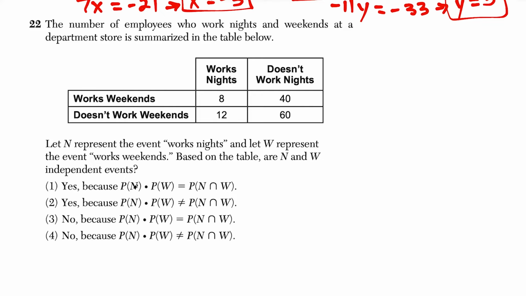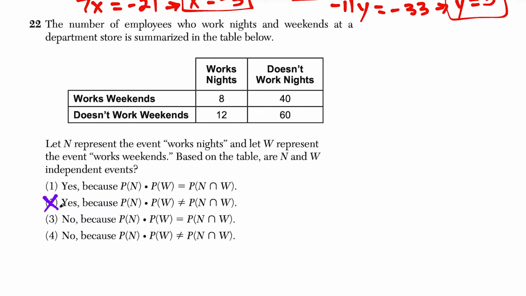Now, before we get into the heavy math over here, first we could eliminate two answer choices just based on what it means to show two events are independent. So two events are independent if the probability of, let's say, n times the probability of w is equal to the probability of n and w occurring. So choice 1 is a contender, but choice 2 is out because we can't say yes and then the equation that we use to show independence is not holding true.